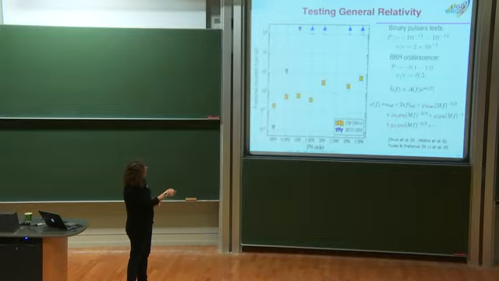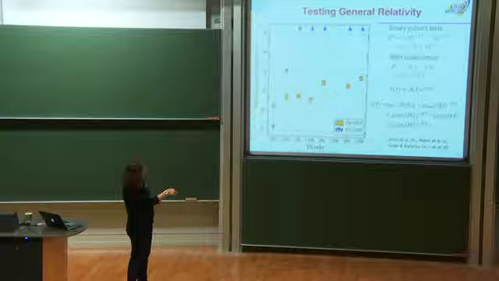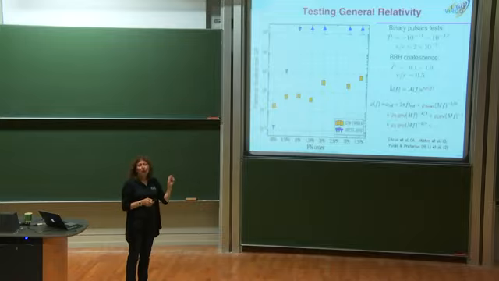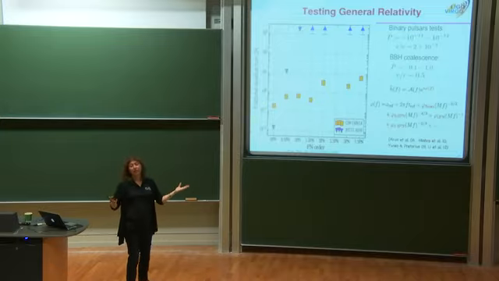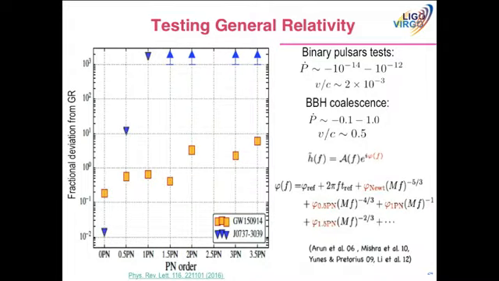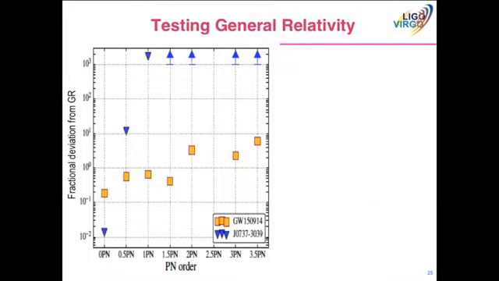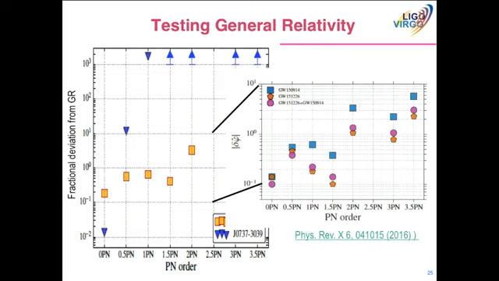What's shown here is that for the lowest post-Newtonian order, we have much, much better tests at the percent level from binary pulsar systems. But we have the first tests, at the order of magnitude level, so they're not very precise, for higher post-Newtonian systems. The best limits that we get are from the December event.